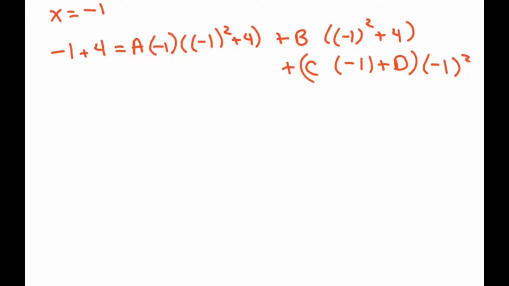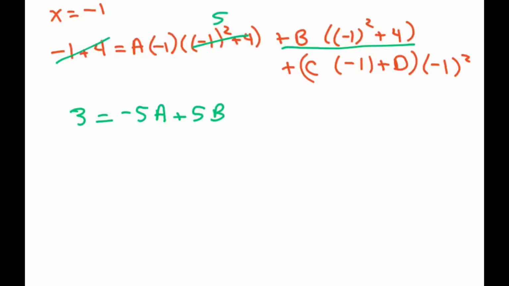This is 3, and this is 5 times -1, so that's -5A. Again, we have 5B here. That's just going to be 1. So we're going to have minus C plus D. And again, B is 1.